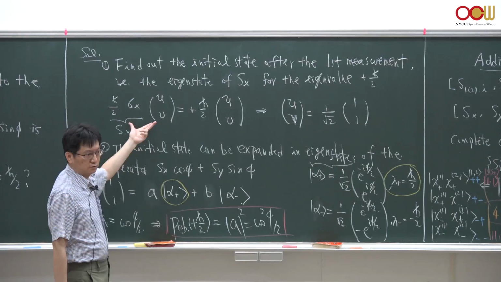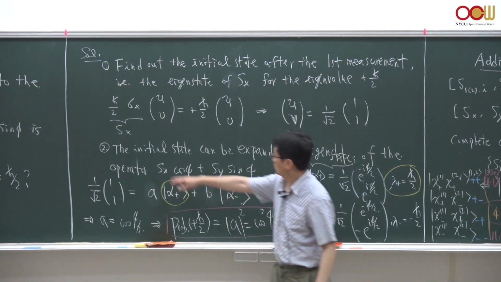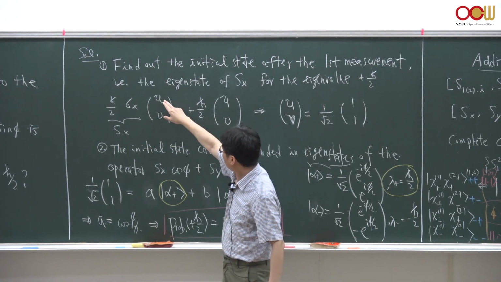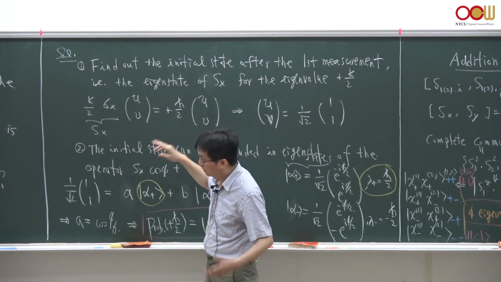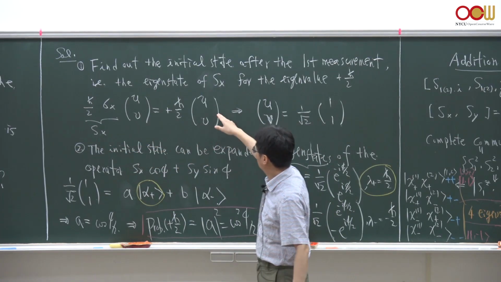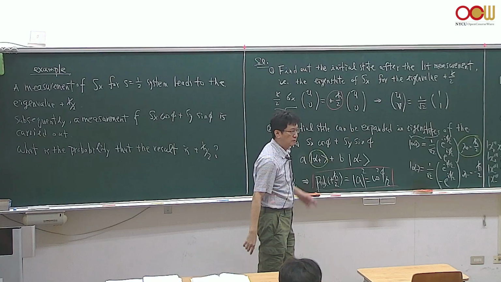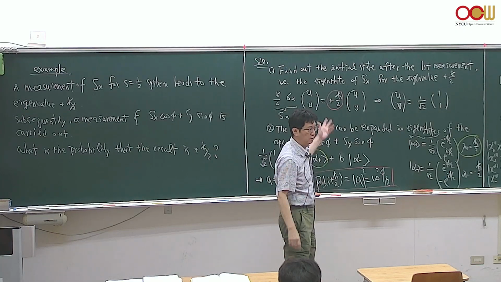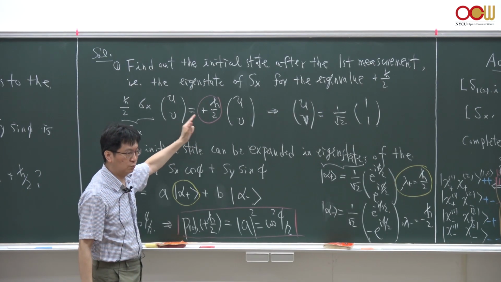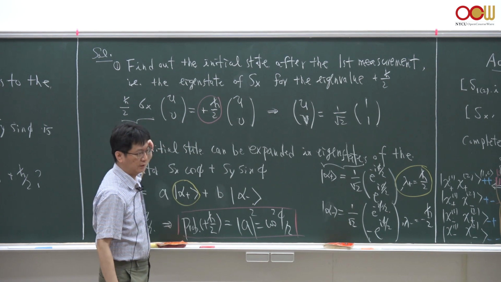Okay, so then you can simply solve the eigenvalue problem for the Sx, and this is Sx in terms of the Pauli matrix sigma x, and this two-spinor u and v is the eigenvector for Sx. But we are interested in this plus 1/2 h bar as the eigenvalue because we know already that after the first measurement is done, this is the result. So we need to find out what's the eigenvector corresponding to this plus 1/2 h bar for Sx.